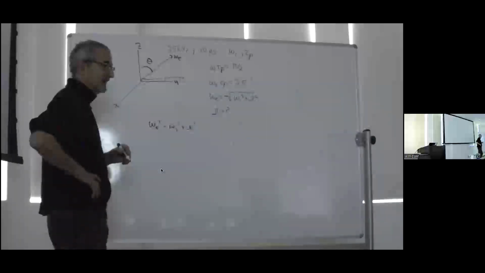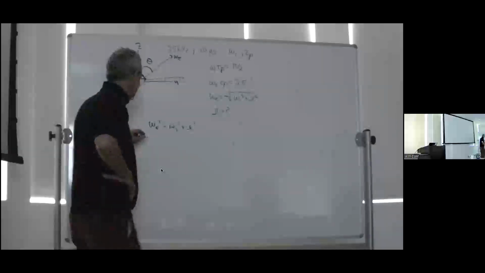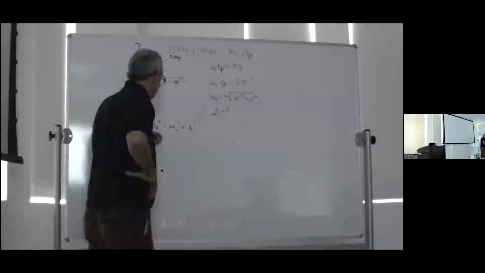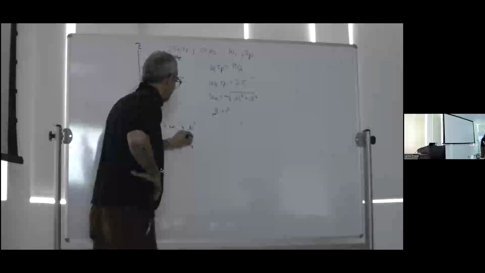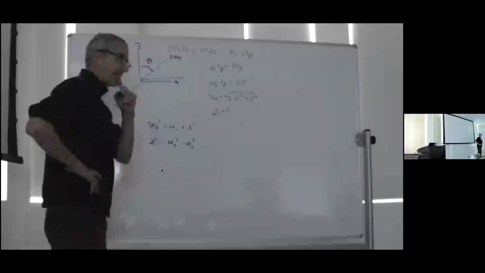What should I do next? Subtract omega 1 squared from both sides. Both sides.